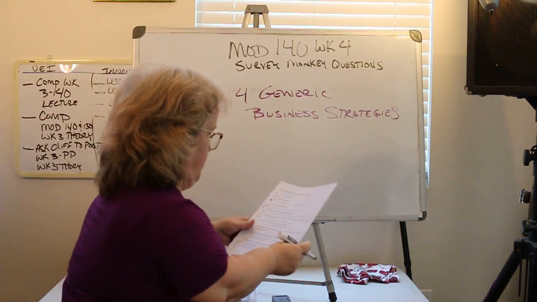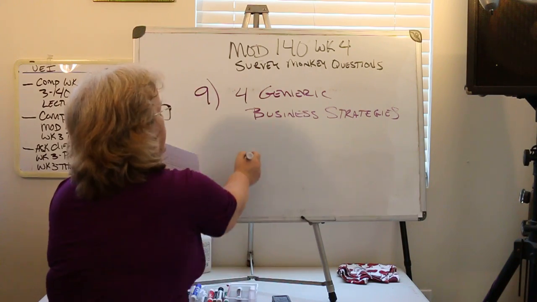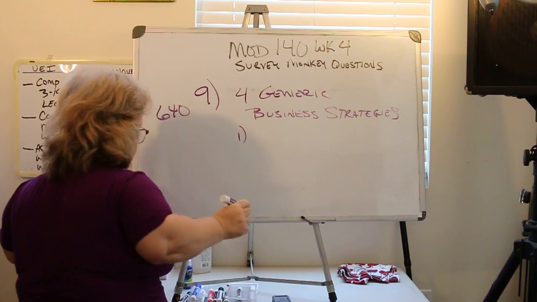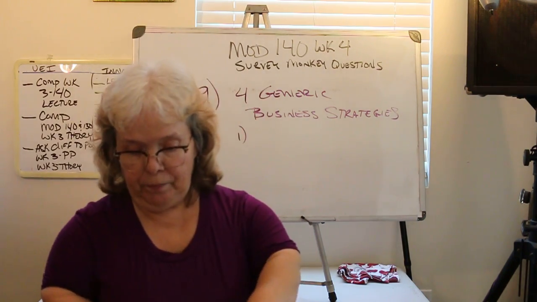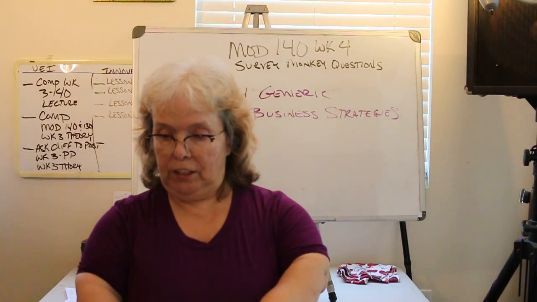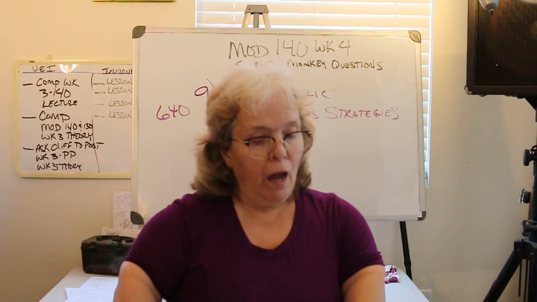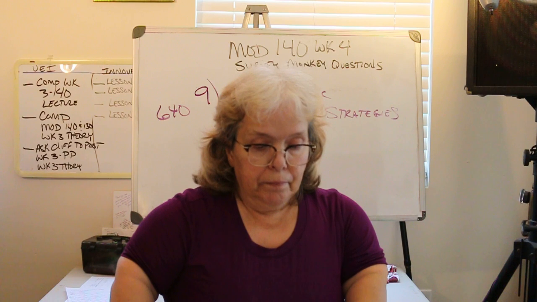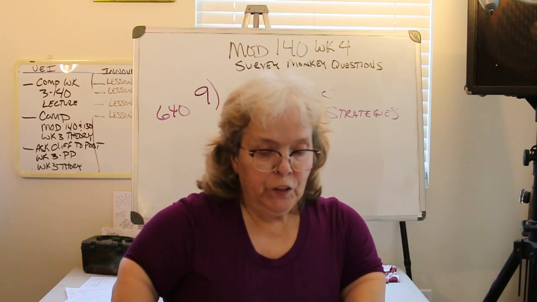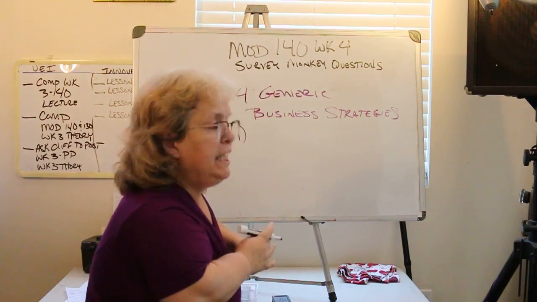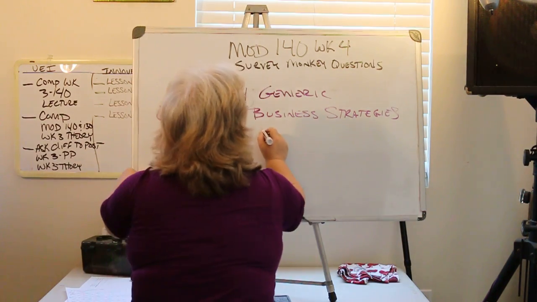Okay, and it wants to know, what are they? Okay, so this can be found on page 640. So we'll go ahead over there. Page 640. There are 4 strategies as follows. Number 1, cost leadership strategy.